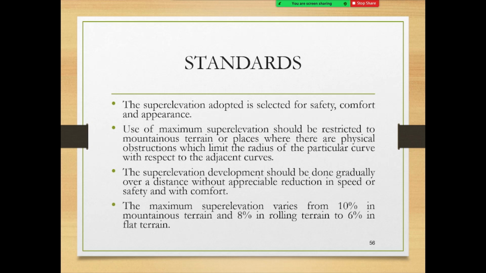Now even though they say maximum super elevation varies from 10% to 6%, in practice, of course, we don't go for such high values. In flat terrain, usually we don't go beyond 4% because one problem is that it is very ugly. Another problem is that if you have very high super elevation, it's difficult to give access to the adjacent houses.